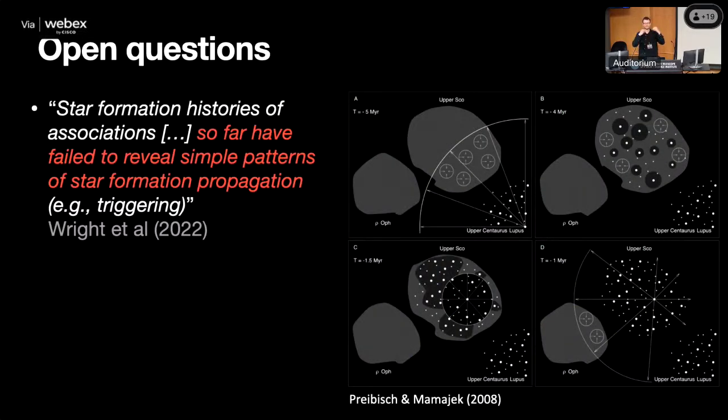although we now have these very nice star formation history maps of Sco-Cen, Nick Wright in his PP7 report still claimed that star formation histories of these associations have so far failed to reveal simple patterns, as you see in the sketch here, of star formation propagation, where stars trigger the next generation of stars, which again trigger the next generation.